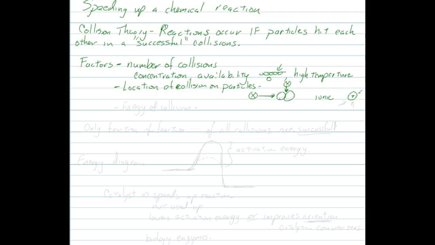So any collision with an ion tends to go to completion, because there's no set location. Location is for molecules, things that are joined together. If it's an ion, they tend to react more often because there's no set location on it. There are exceptions to that rule, of course.